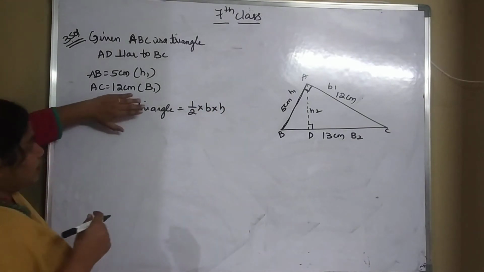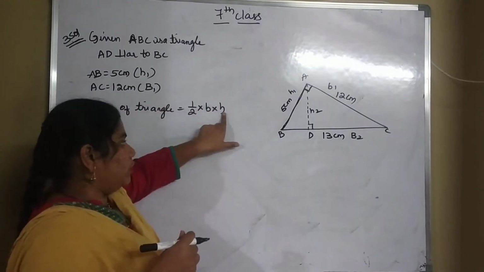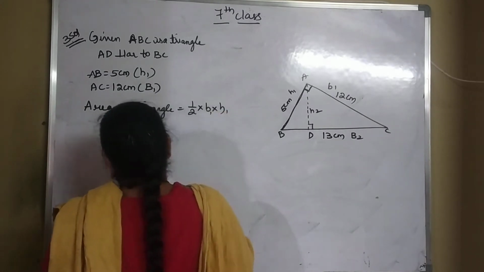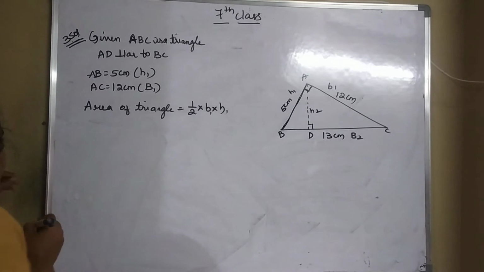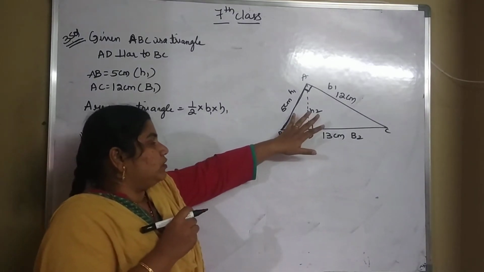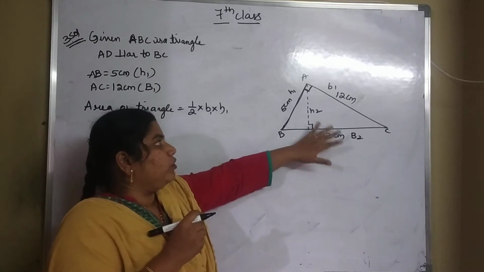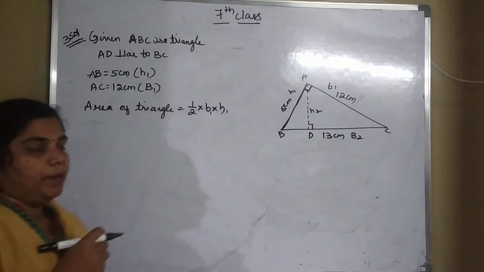For finding this area we want the base value as well as the height value. I am taking base 1 and height 1 to avoid confusion, so instead of H2 and B2 we are taking H1 and B1.